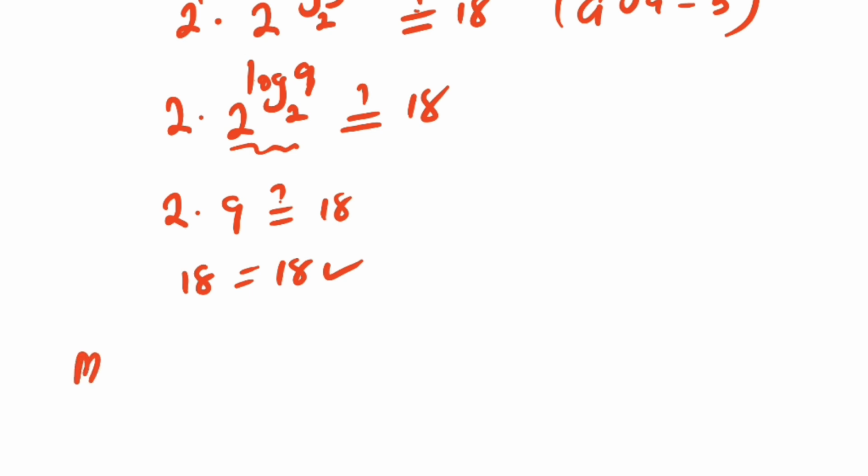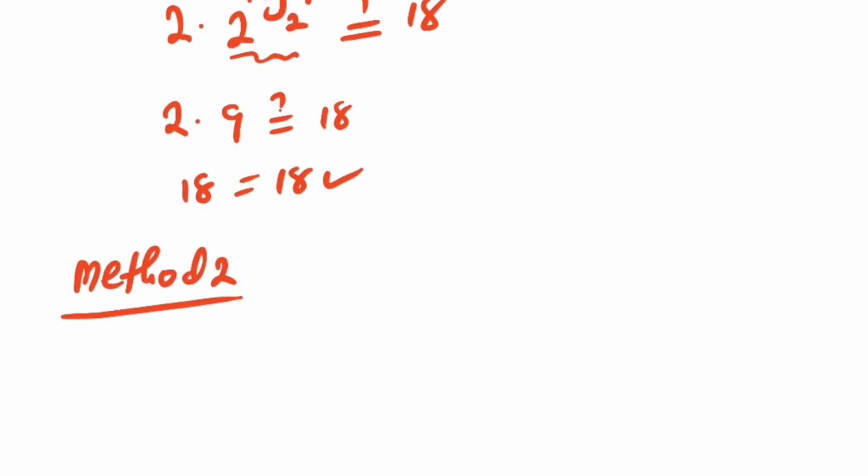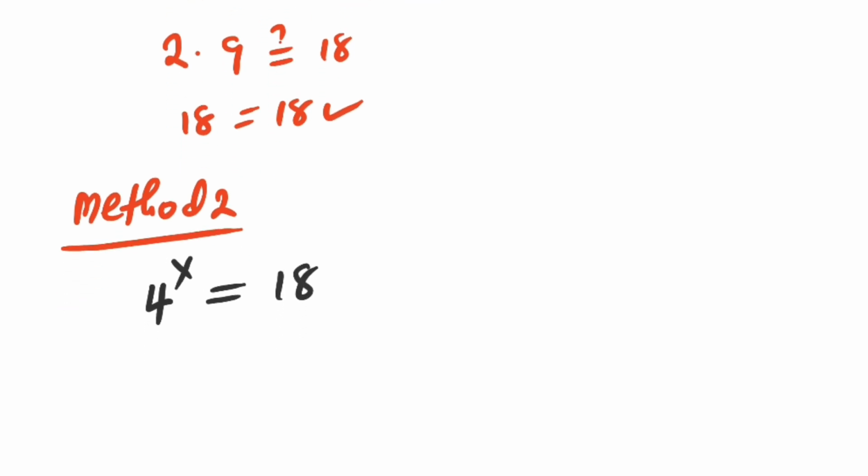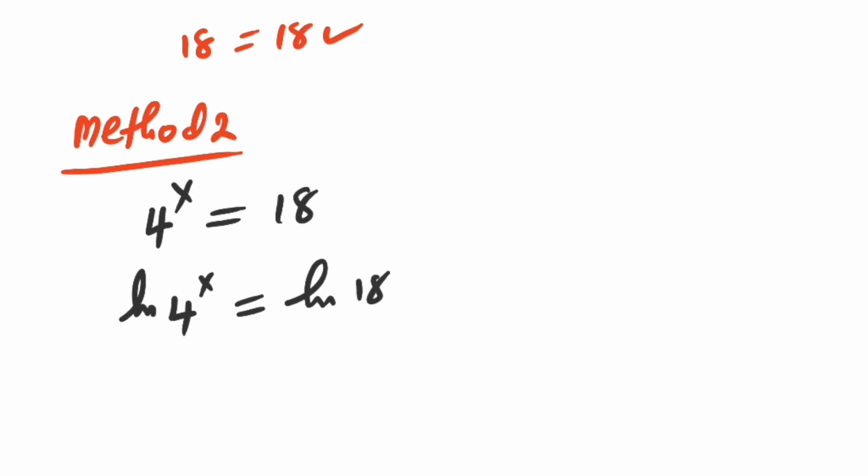Now method 2, we have the given equation 4 raised to power x is equal to 18. Let us take the natural log on both sides of this equation. Ln of 4 raised to power x is equal to ln of 18. You can actually solve this in 1 minute.